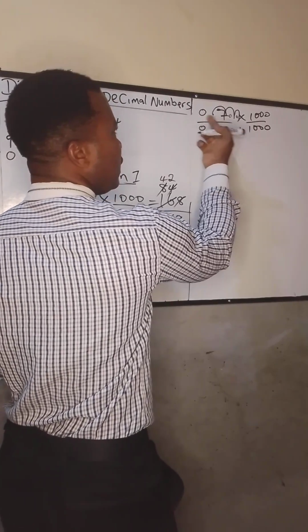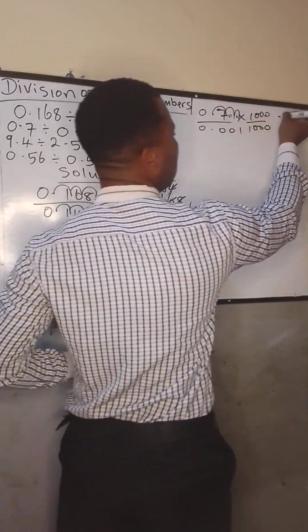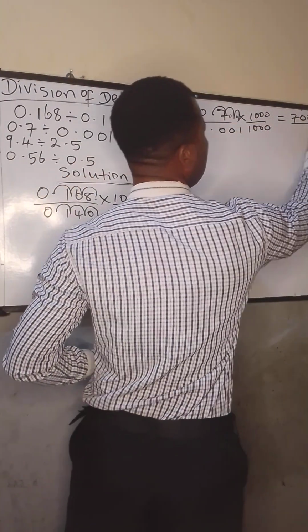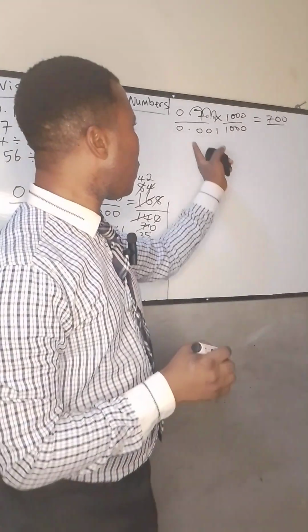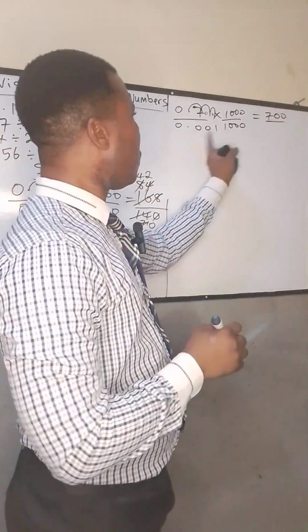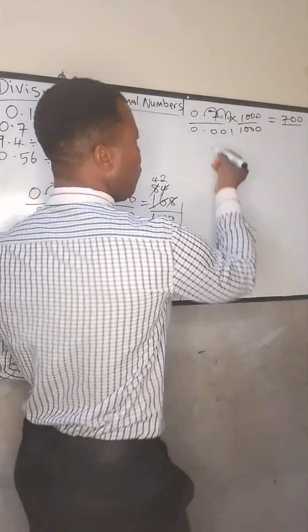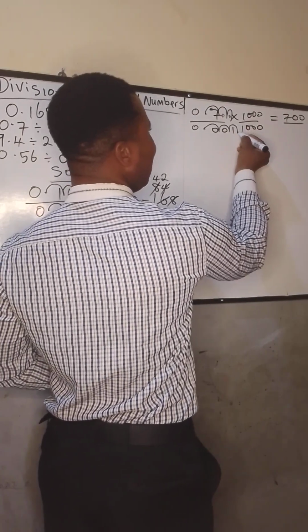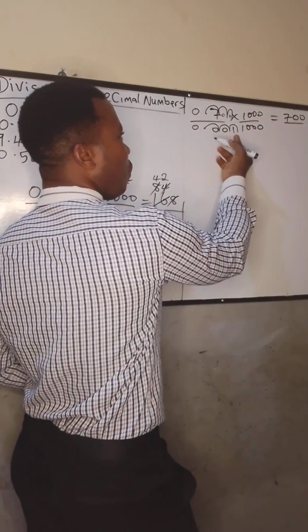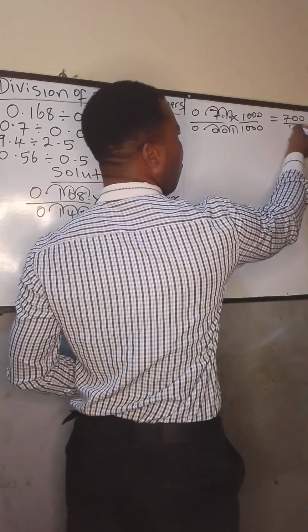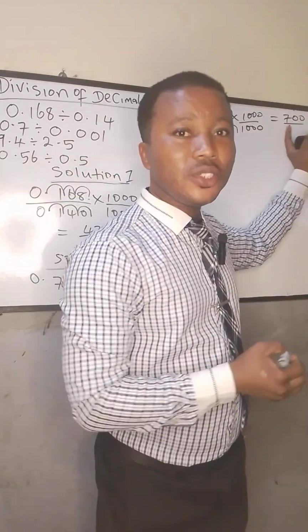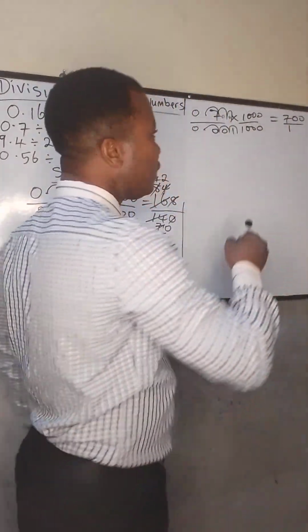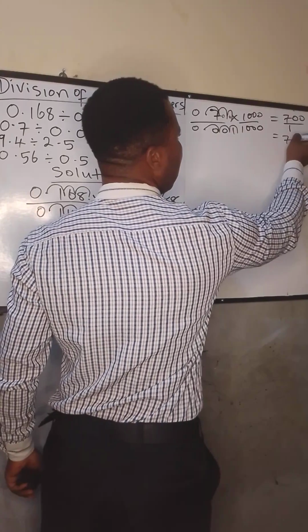So we're having here 0700, which means what? 700. This one also here is the same thing, 3 moves: 1, 2, and 3. So you see, we're having 0001, which is just what? 1. And 700 divided by 1 is giving us 700.